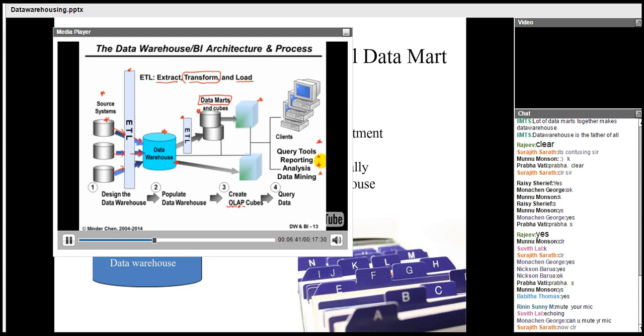Pivot table is an example of analytical tool that's built into Excel. We can extract data from the data warehouse into Excel's pivot table, which allowed us to analyze it in a multi-dimensional way. So this architecture gives you a kind of overview of what constitutes the software and hardware environment for data warehouse and business intelligence application.